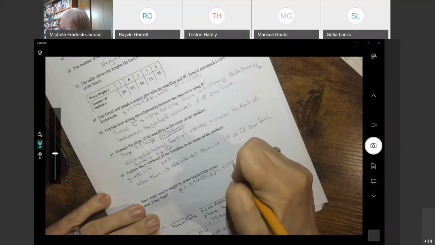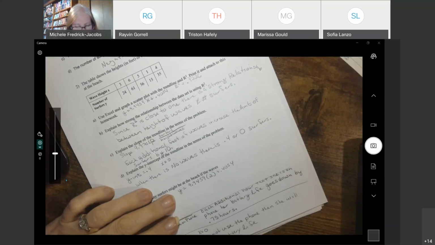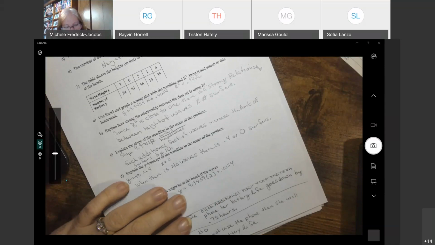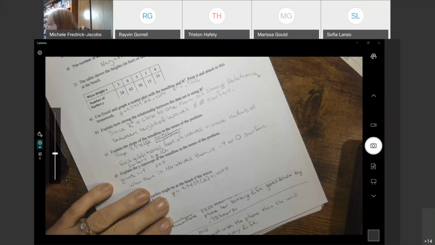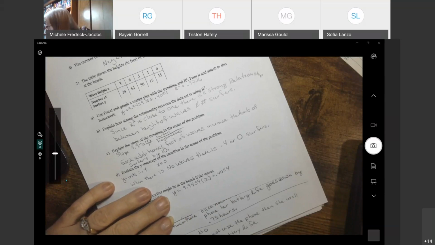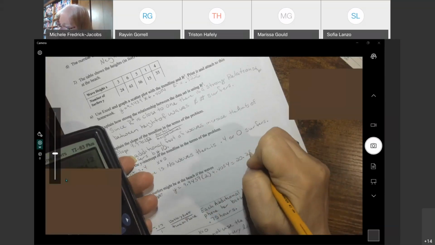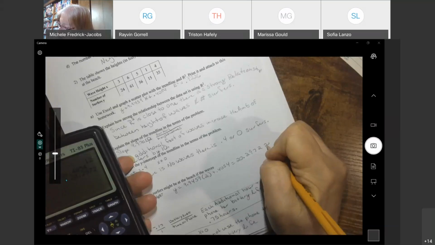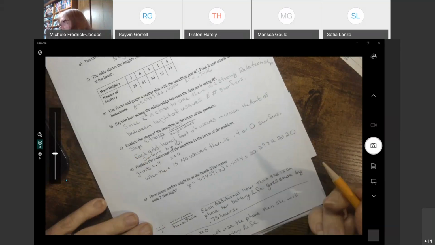I did mine on Desmos, so I got 20.297305. Let's see how different it is. Okay, not the same. 20.2972. And we can't have part of a surfer, so 20 surfers.